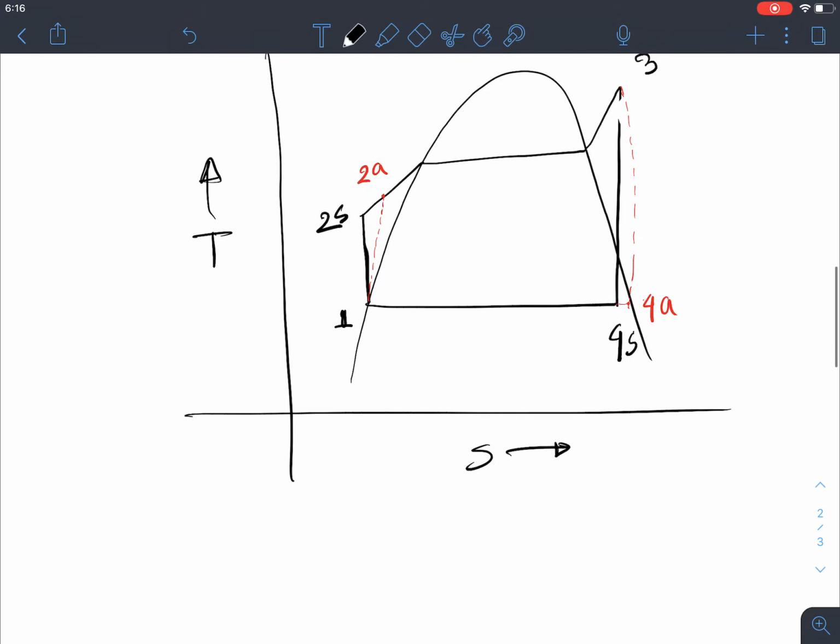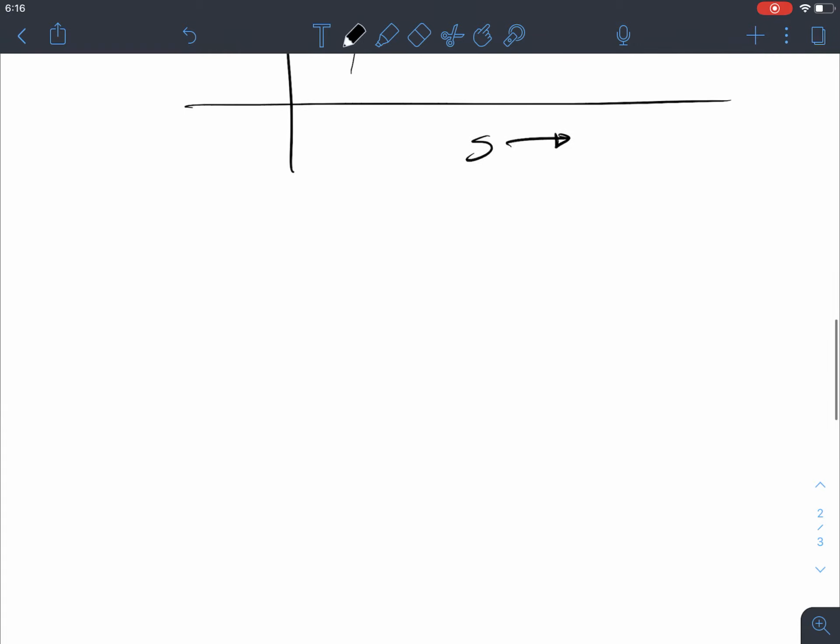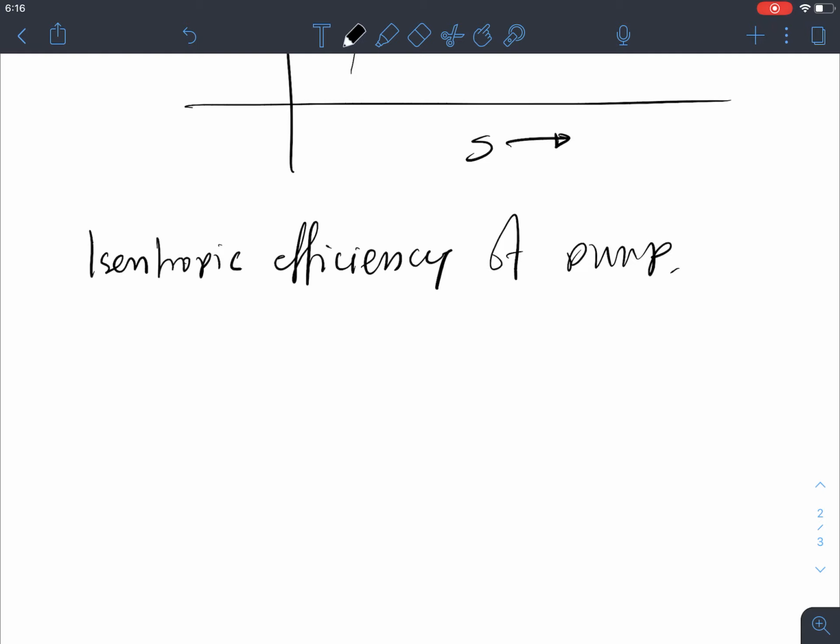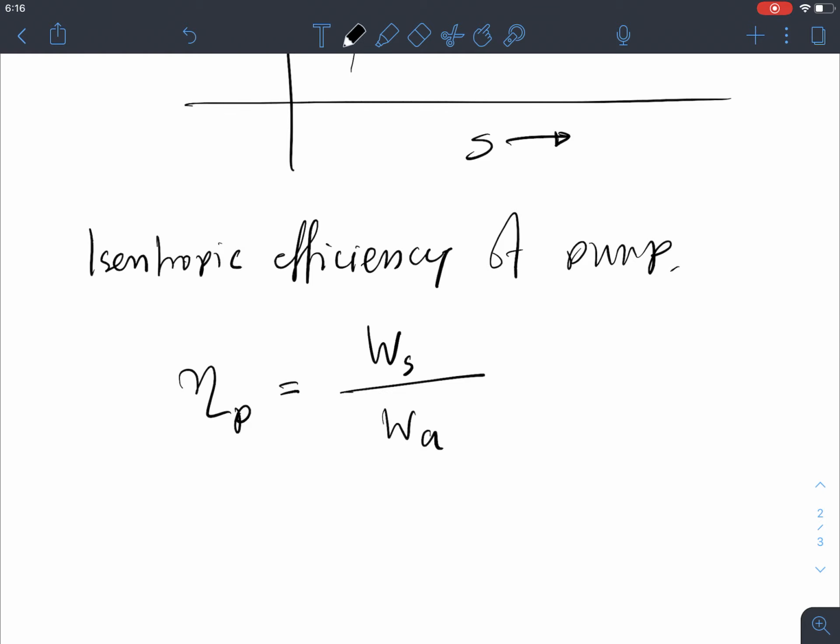In this case, what is the work input and work output? This is the turbine and this is the pump. The isentropic efficiency expression: eta pump equals the isentropic work divided by the actual work.